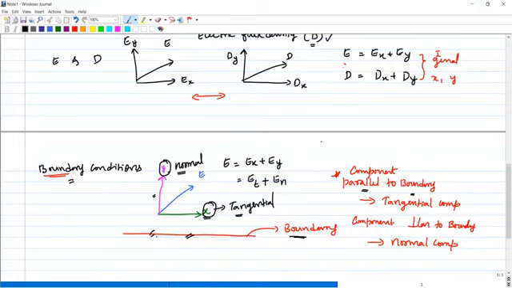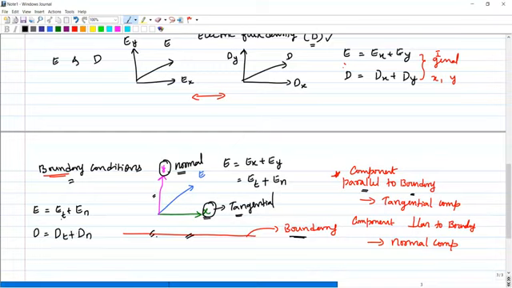Therefore, whatever we have written earlier has now been transformed with respect to the boundaries. That is, E will be equal to tangential component plus normal component. Similarly, D can also be written as the tangential component plus normal component.